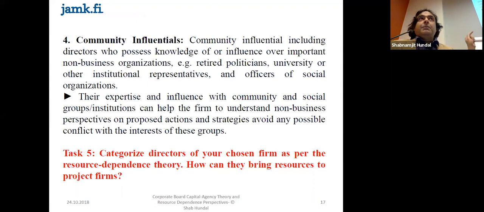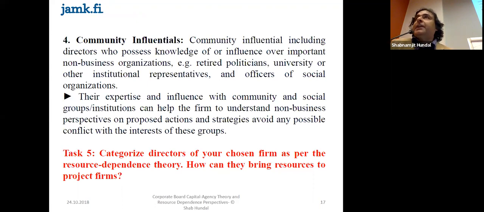These people generate positive signals. They build up your image. They're like your PRO, basically. They are creating a good image in the minds of people, and if there's a misgiving, they erase it. So they are your local spokespersons, community influentials.